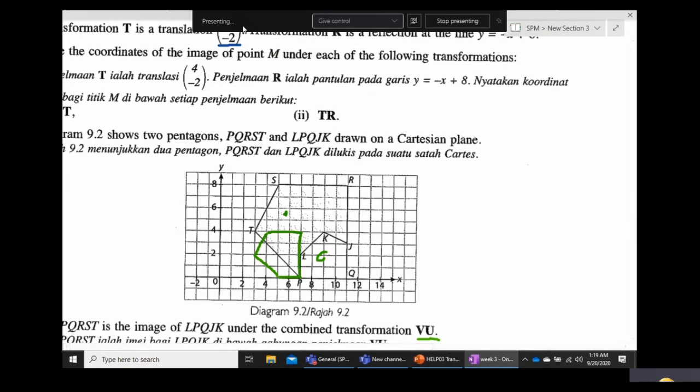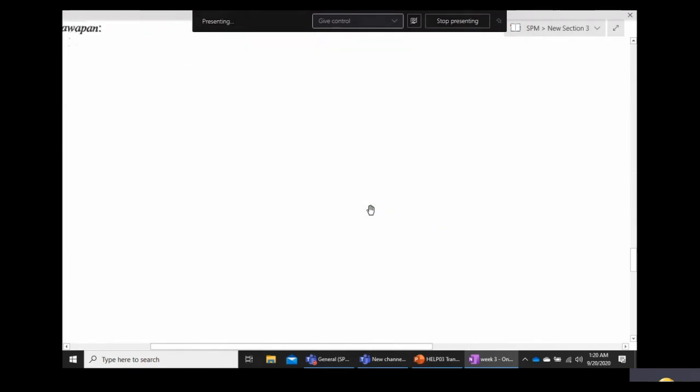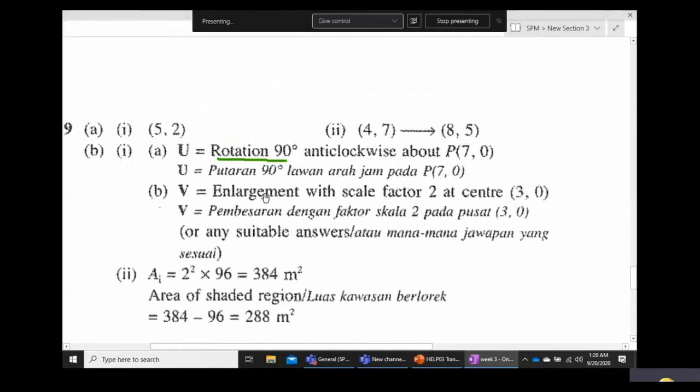So from here, the green one, how to become the big one? Enlargement. For the enlargement scale factor, you see this one, how many units? 1, 2, 3, 4, 5, 6. This one is 3. So 6 divided by 3 is 2. So the enlargement scale factor is 2.